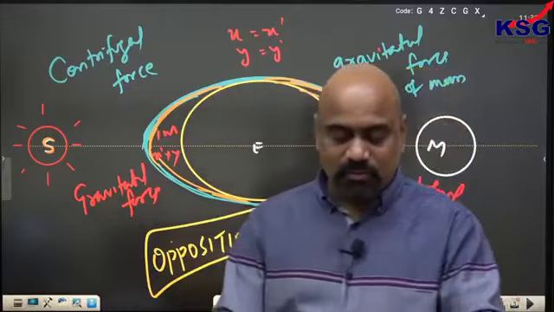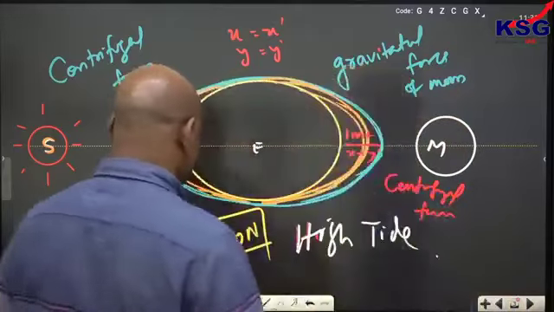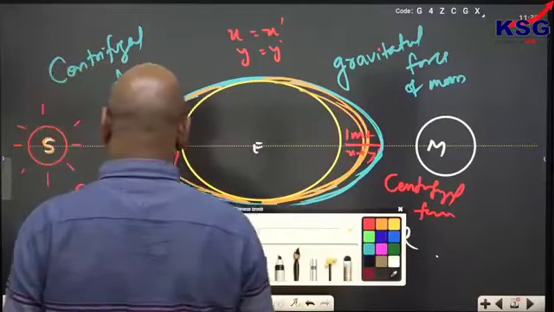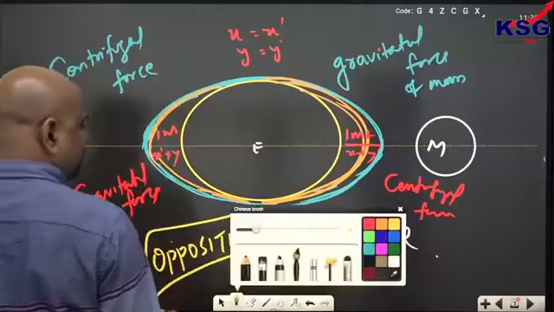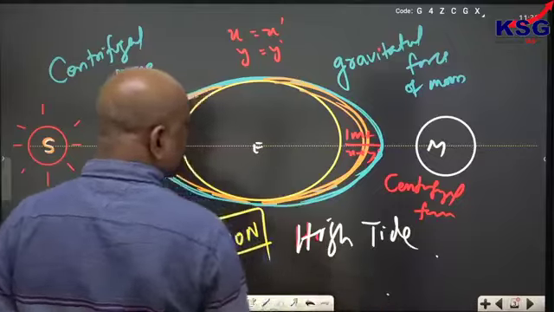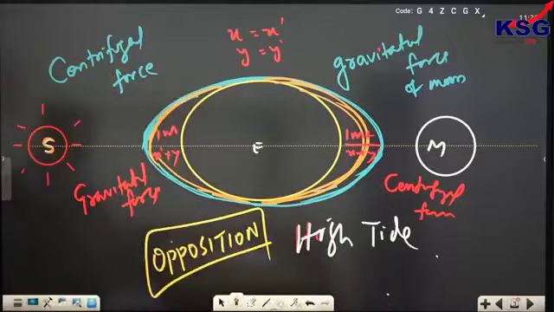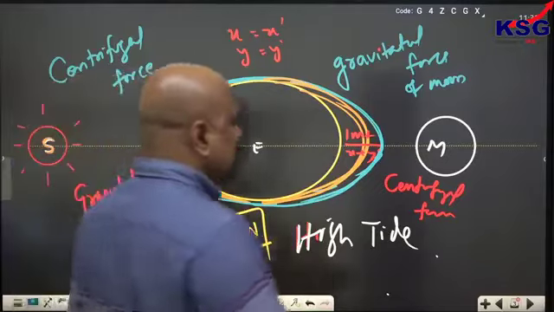Red ink is not visible properly. Okay. Fine. Next I will not use it. Right. Moon, sun and earth here, I said opposition, both sides they are here in this case.